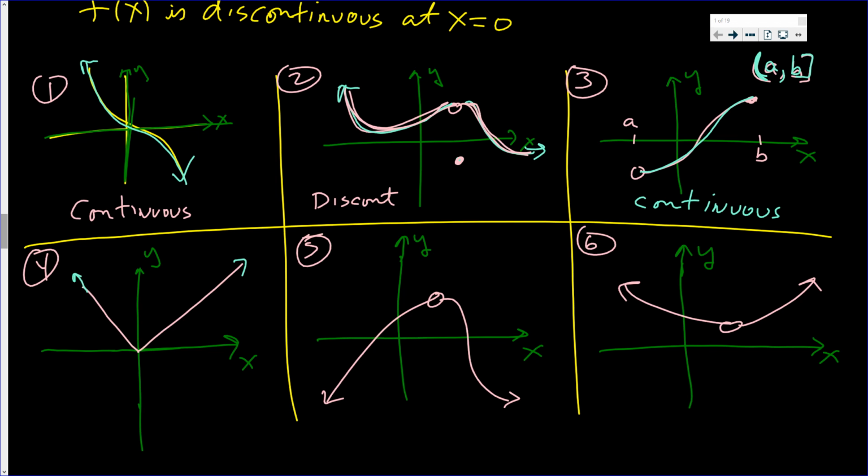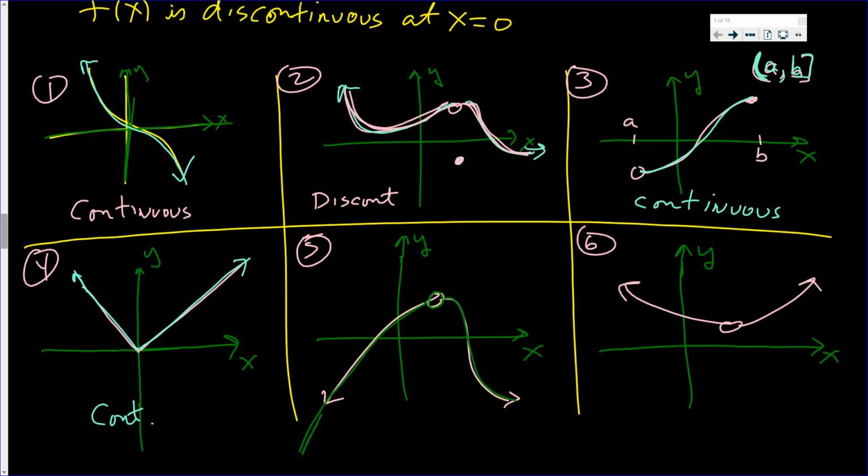Number 4 is continuous because I can graph it without lifting my pen. Okay. This is continuous. This one, number 5, is not continuous because, for example, I have to come up to here, lift my pen, and continue there. I had to skip that point.